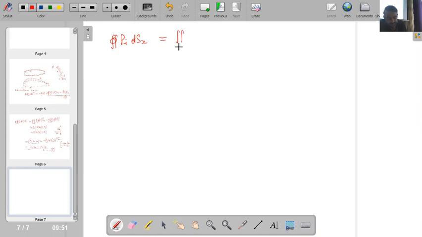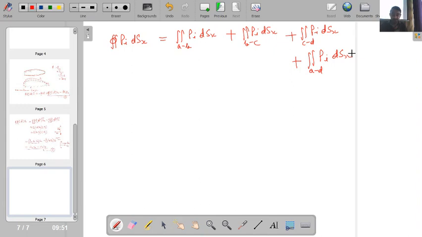So this will be the integral from a to b of pi ds x, plus the integral from b to c, plus the integral from c to d, plus the integral from a to d of pi ds x.